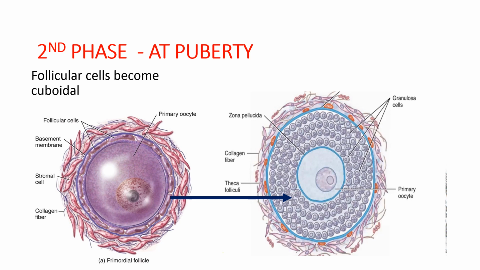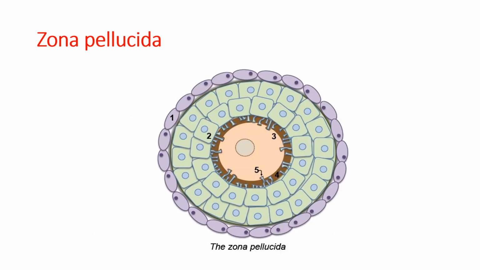The primary follicular cells are converted into cuboidal cells and multiply into several follicular cell layers. We can see this in the picture. Between the follicular cell layer and the primary oocyte, a thick lining membrane-like structure can be seen.